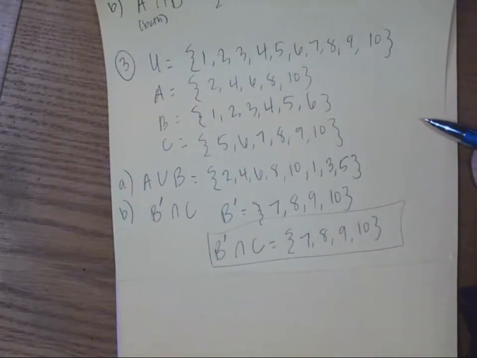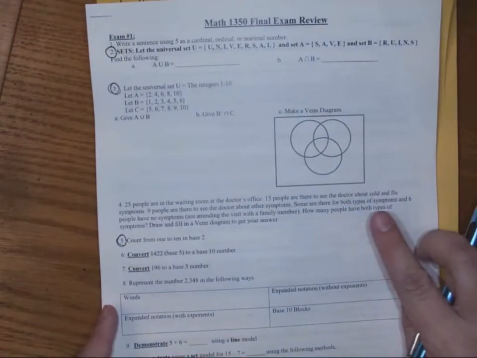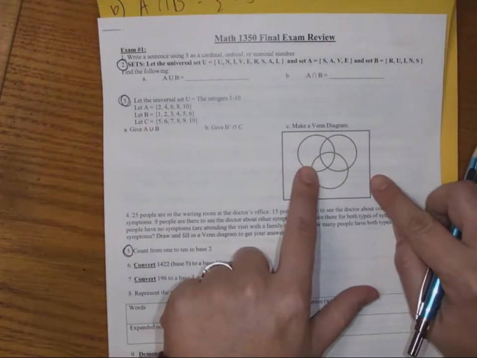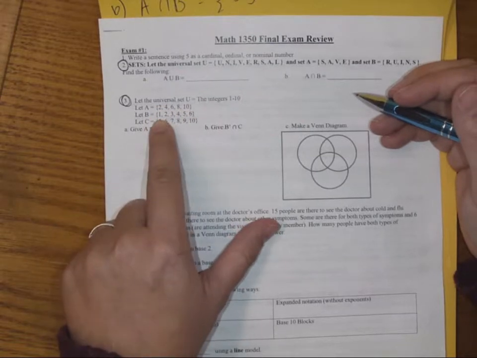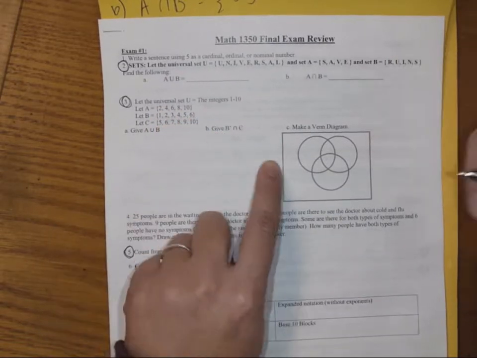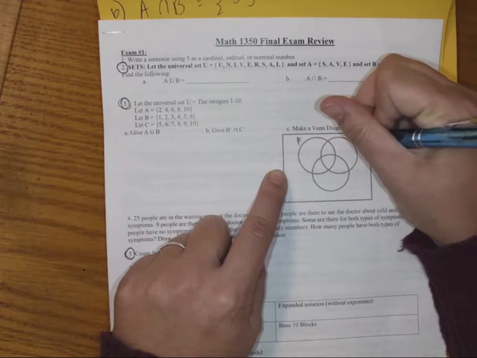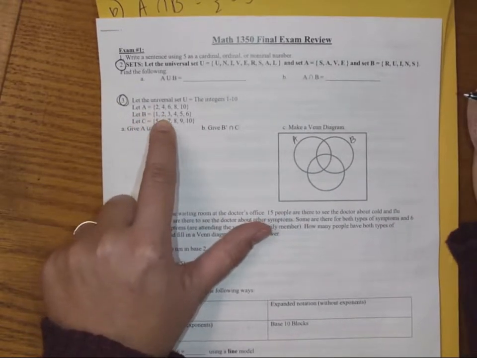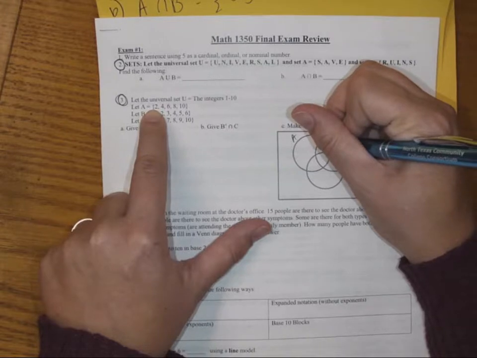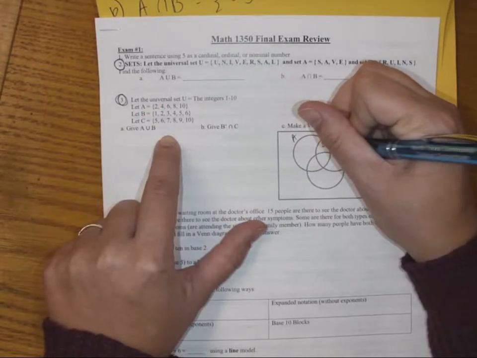And then part C says make a Venn diagram. So I'm going to do that on this paper. A is the set 2, 4, 6, 8, 10. B is the set 1, 2, 3, 4, 5, 6. So if I say this is A, and this is B, 2 is in both set A and B, so 2 needs to be right here.